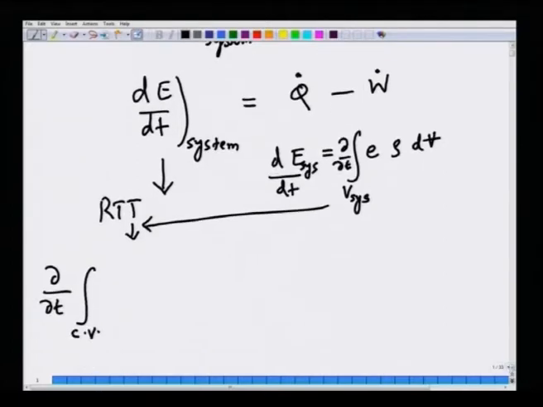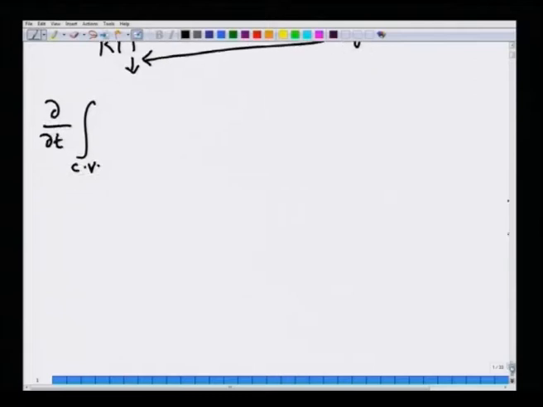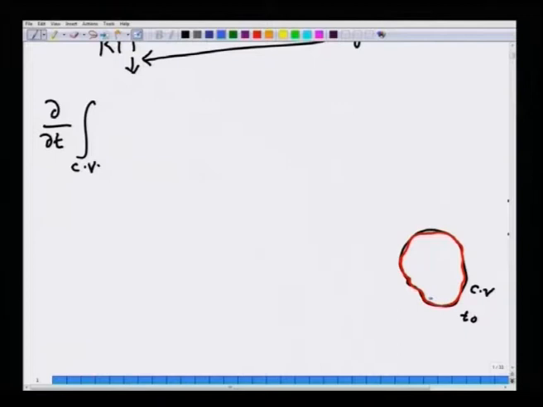Okay. Remember that when we use the Reynolds transport theorem, we always imagine that you have a CV at some time t naught, where the system and CV coincide. The system and the CV are exactly the same at time t naught, but the CV is fixed in space, it is independent of time, but the system, which I am marking in red and blue, at a later time t naught plus delta t, would have moved out of the CV by virtue of flow.